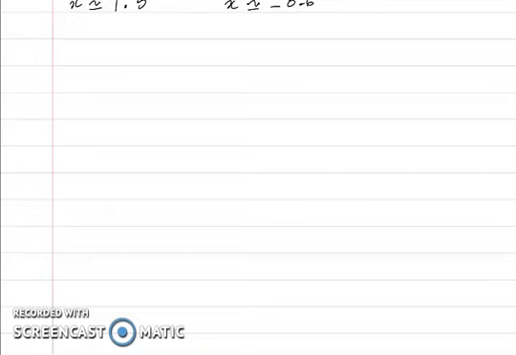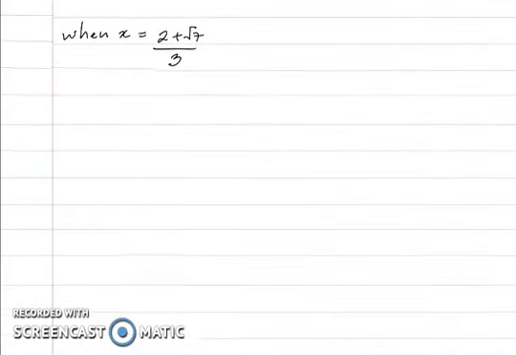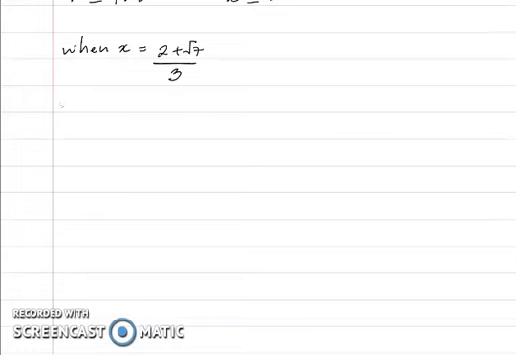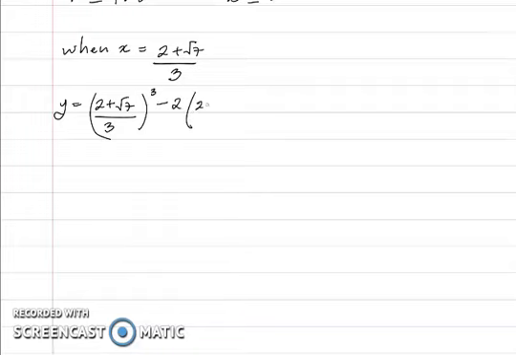So I'm going to say when x is equal to 2 plus the root of 7 over 3, y would be equal to 2 plus the root of 7 over 3 raised to the third power, minus 2 into 2 plus the root of 3 over 3 squared, minus 2 plus the root of 3.